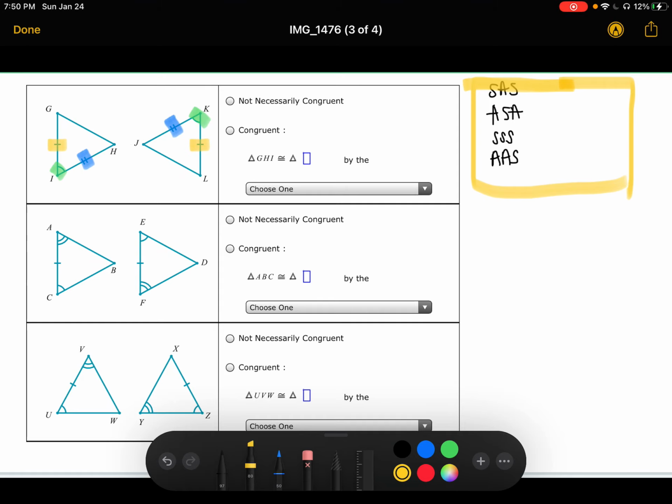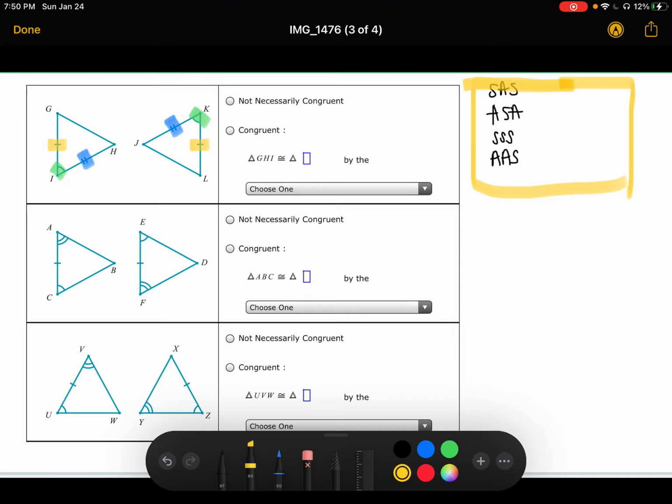Now, the order of which this happens is very important because if you go out of order, it's not going to mean the same thing. The first one is side, angle, side, and the next one is angle, side, angle, and the next one is side, side, side, and the next one is angle, angle, side. I would just say go write them down, write down what they mean. Again, A stands for angle, S stands for side.